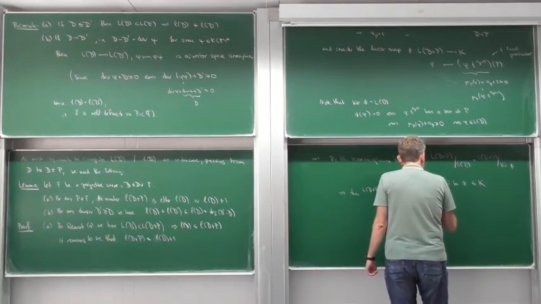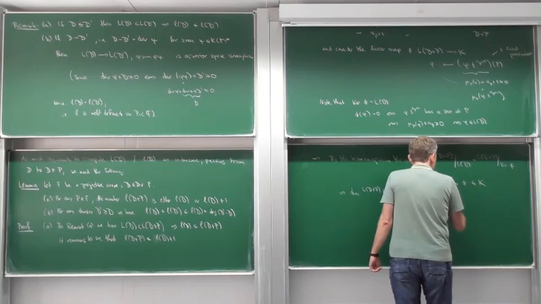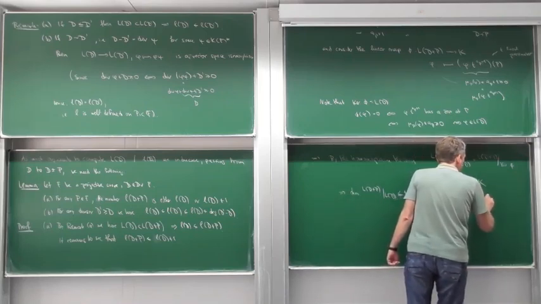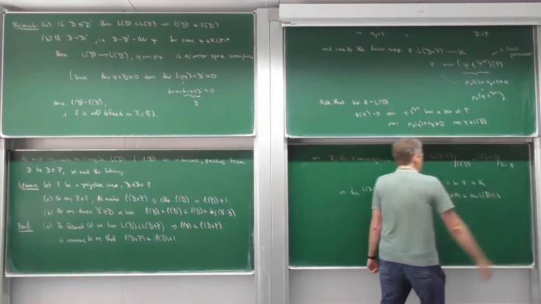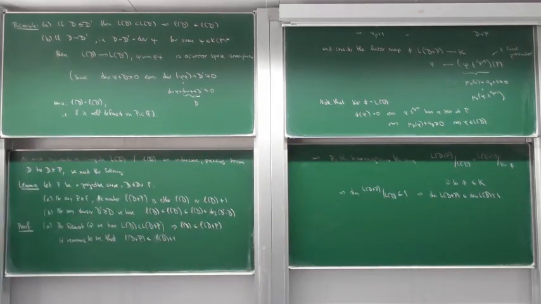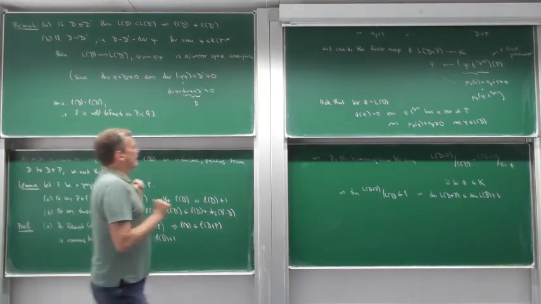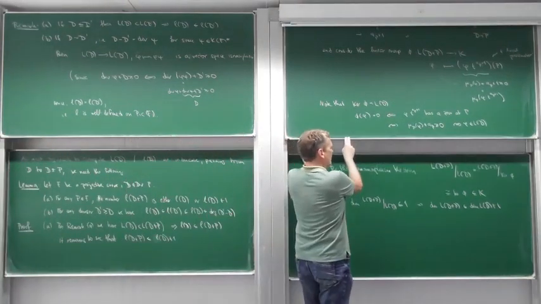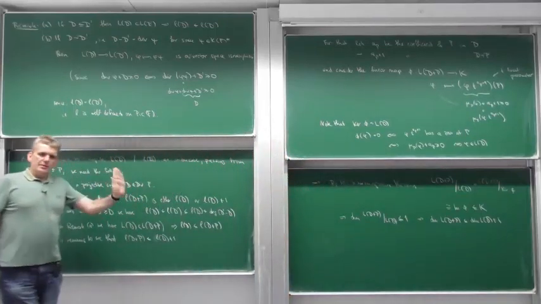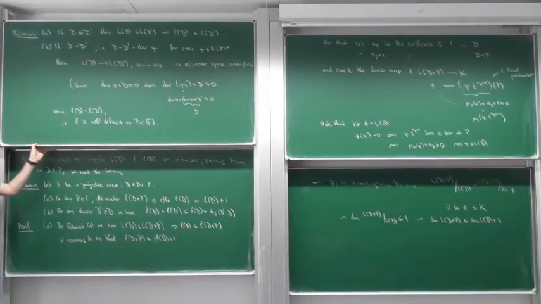Right? So that means that the dimension of L of D plus P is less than or equal to the dimension of L of D plus 1. That's that statement. So that's the reason why this is true. And that's why these inductive arguments often work quite well. So if we just add a point, then we cannot jump very much. We just either stay the same with L of D or go up by 1.